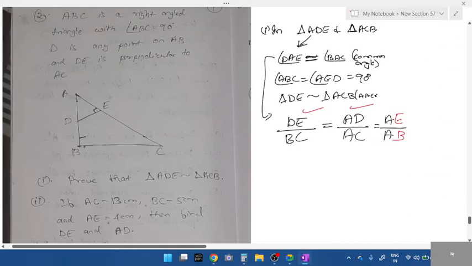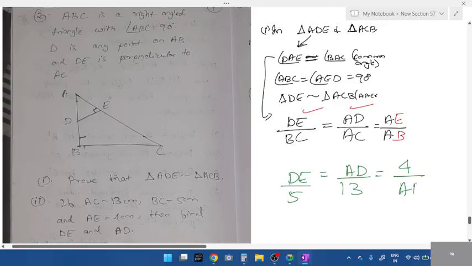Back to this question. Now, AC is 13 centimeters. Write all the values. AC is 13. Whichever is not given, just ignore. AE is equal to 4 centimeters. And BC is equal to 5. DE as it is. AB is not given.